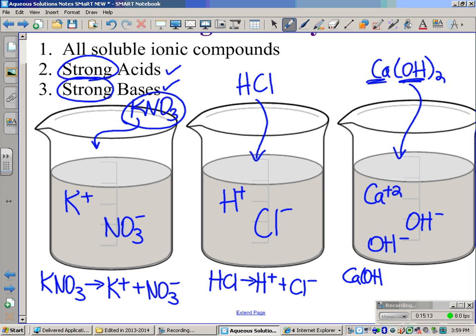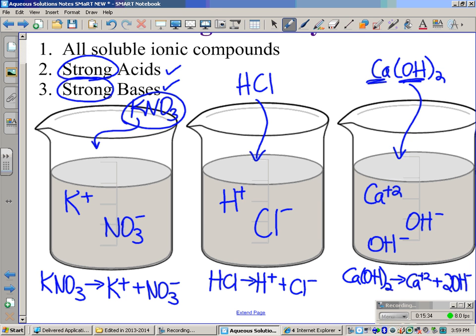We'll say Ca(OH)2 breaks up into Ca plus 2, and then you just say 2 OH minuses. Or you could say Ca plus 2 plus OH minus plus OH minus, but I like to use the coefficients because it's just shorter and easier.